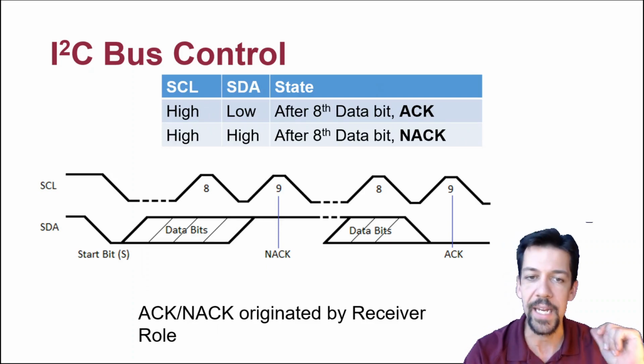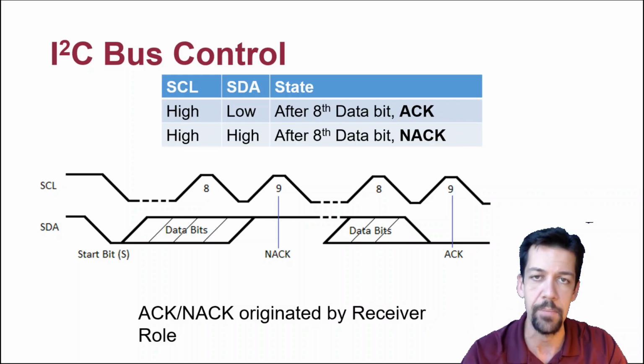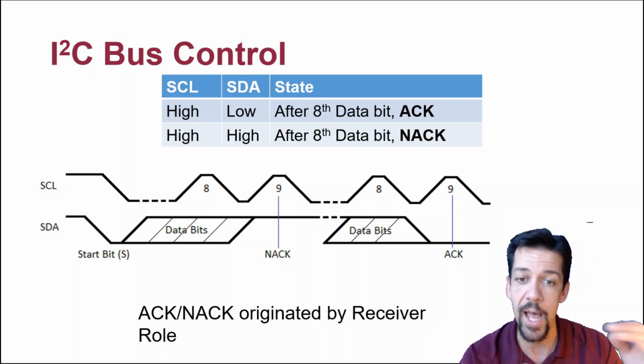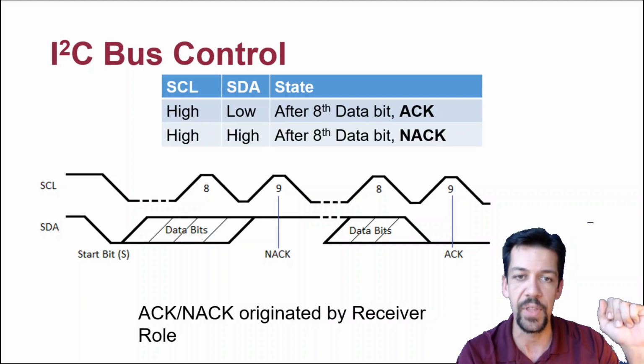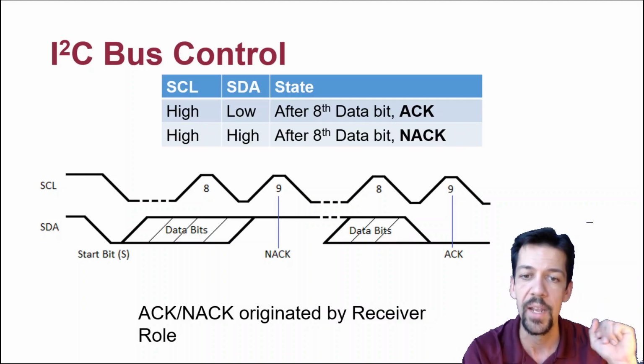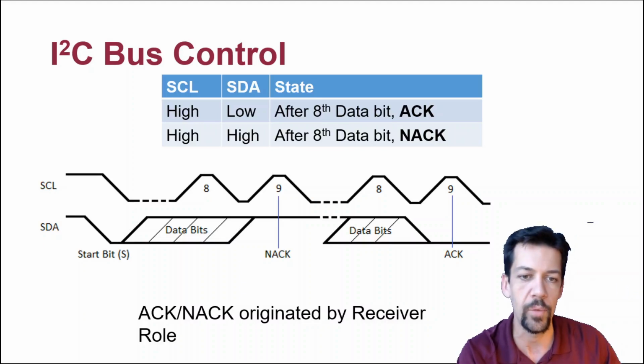After the 8th data bit, our frame sizes are always 8 bits, the master lets the data line go high, it goes idle, and if the receiver, if the slave is there and responds, it will pull it low, and that's an acknowledge, right? And that's what we see here.